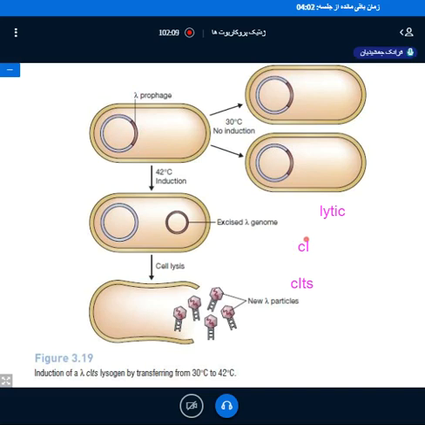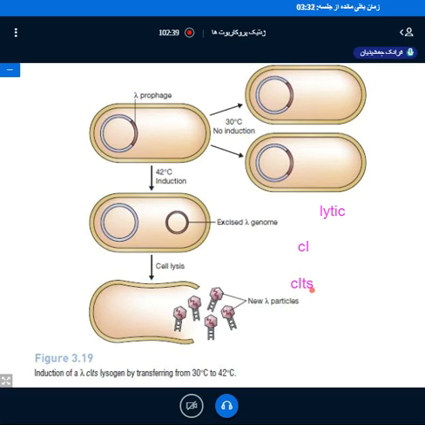C1 is the gene which helps the phage to remain in the lysogenic phase. After we put some mutation in it, we make it C1TS.